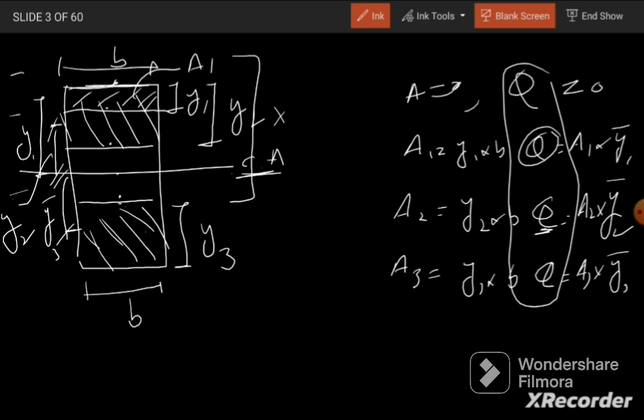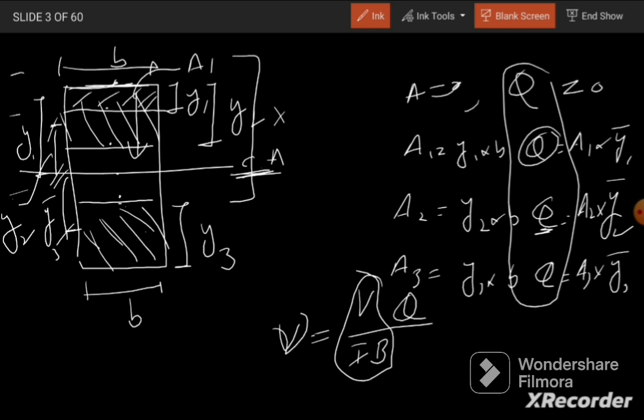As Q increases as we move from the extreme fiber toward the centroidal axis, when we calculate shear stress, which is VQ over IB, these other factors are constant and only the Q factor is variable. This Q factor, the first moment of area, has the maximum value at the centroidal axis and the minimum value at the extreme fiber.